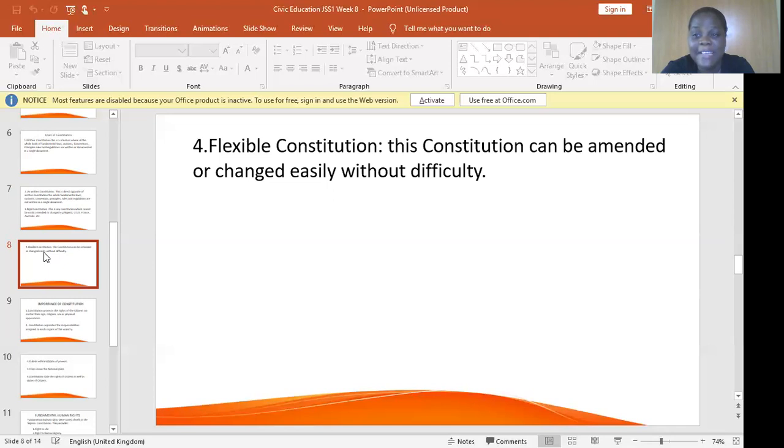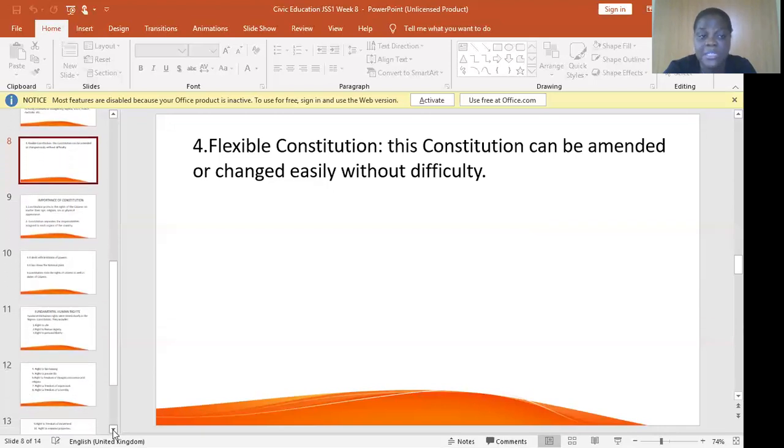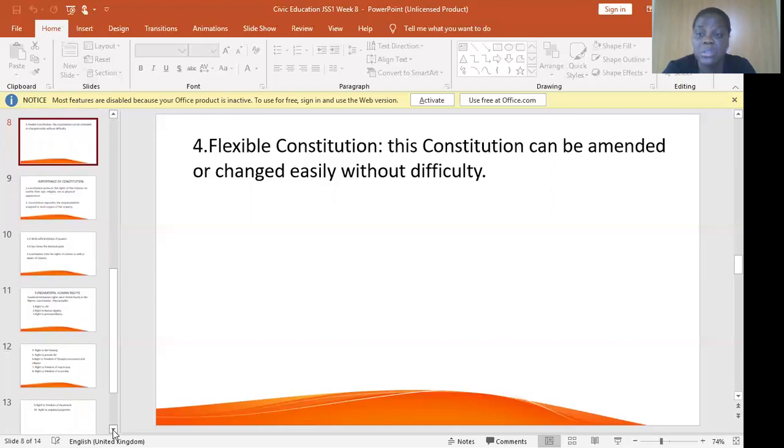So this is flexible constitution whereby it can easily be amended or changed without much difficulty. And to be honest, part of the constitution is supposed to be rigid, while some will be flexible.